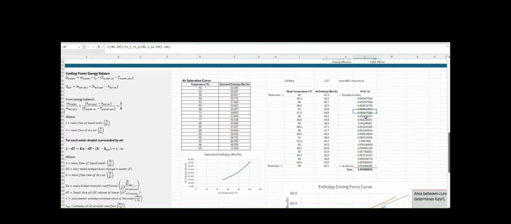So we just simply do that same equation for every single row. And if you sum it all up, that is the integral of this equation. So we're not doing any complex calculus or anything. We're just manually taking the integral by calculating this incremental dT over h prime minus h, and then summing them all up for every point in the cooling tower where the water touches the air.